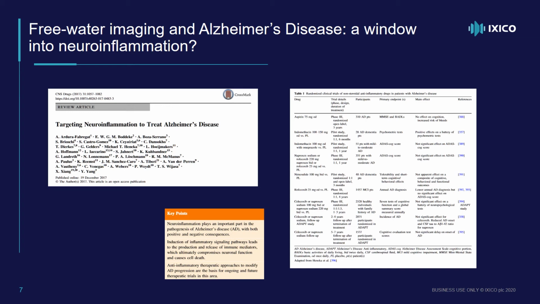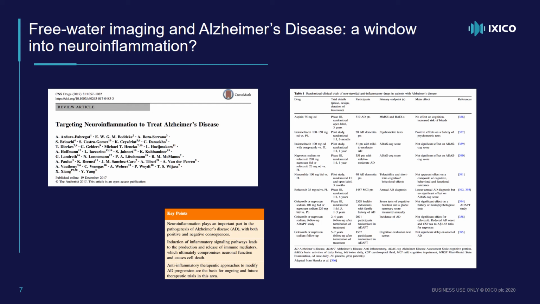So we now know that there are a few of the hallmark proteins involved in AD, including beta amyloid and tau. They set off inflammatory alarm bells within the brain, leading to an immune response that ultimately leads to cellular damage and death.